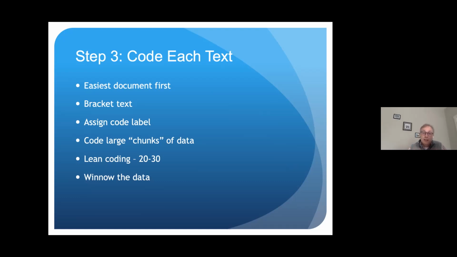Those are cases where we might have applied both of those codes. But again, I suggest doing so sparingly and really thinking about what this person is saying here, what it means, and then selecting, to the extent possible, the one single code that applies.